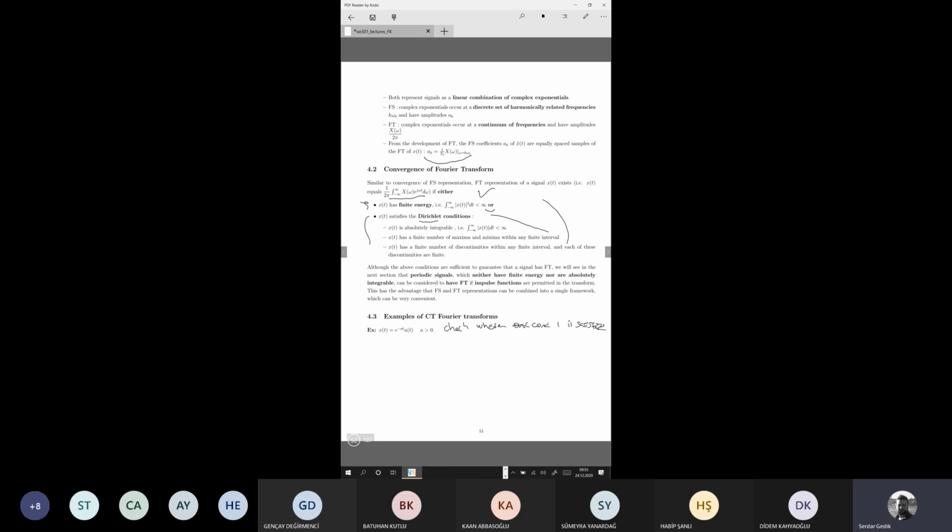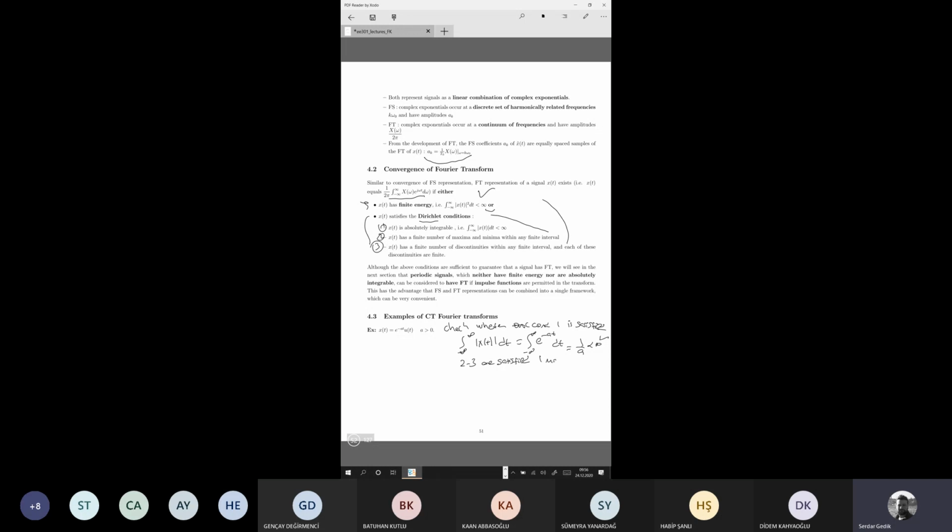It is simply the integral from minus infinity to plus infinity of the absolute value of x(t) dt, which is the integral of e to the power minus a t dt. This is 1 over a, and this is, of course, a finite number. So the first condition is satisfied. What about 2 and 3? Let's write here that 2 and 3 are satisfied as well.